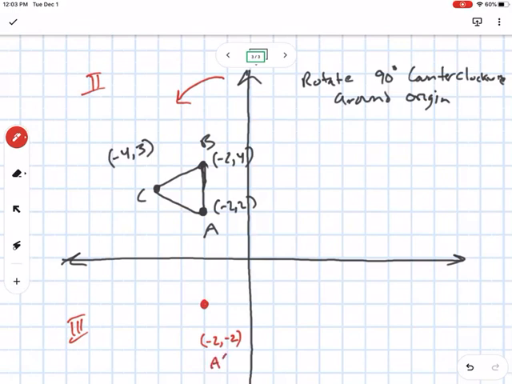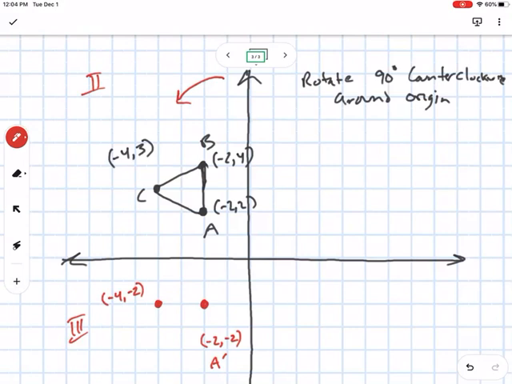Okay, go to B. -2, 4. Switches to 4 and 2. And that's the point -4, -2. And C is -4, 3.